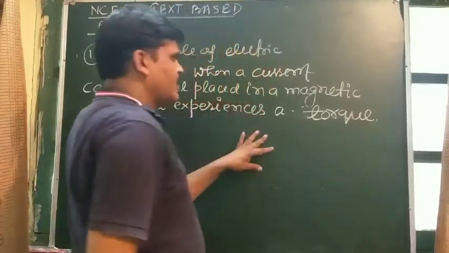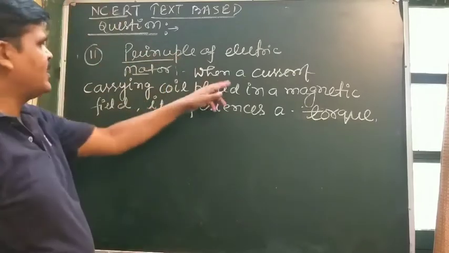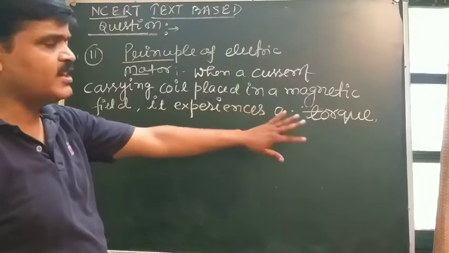So the principle of electric motor: when a current carrying coil is placed in a magnetic field, it experiences a torque.